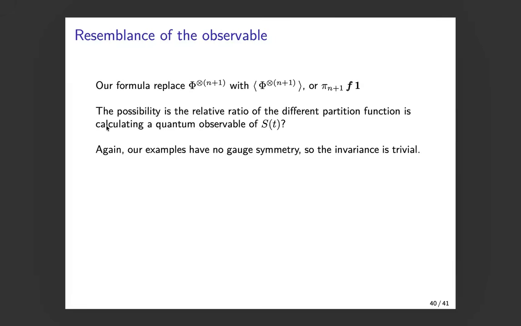So the possibility is that the relative ratio of different partition functions is just calculating a quantum observable of S_T. But again, we have no gauge symmetry, so the invariance is trivial. So this is just an analogy, but there may be some meaning beyond the relative ratio of the partition function.